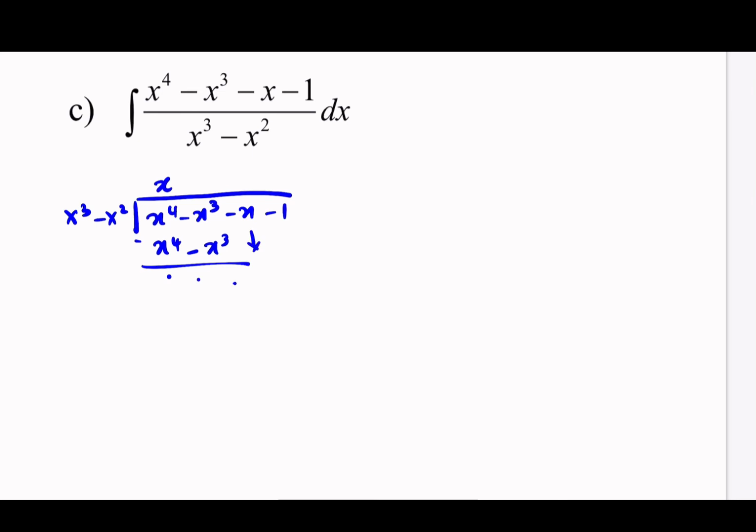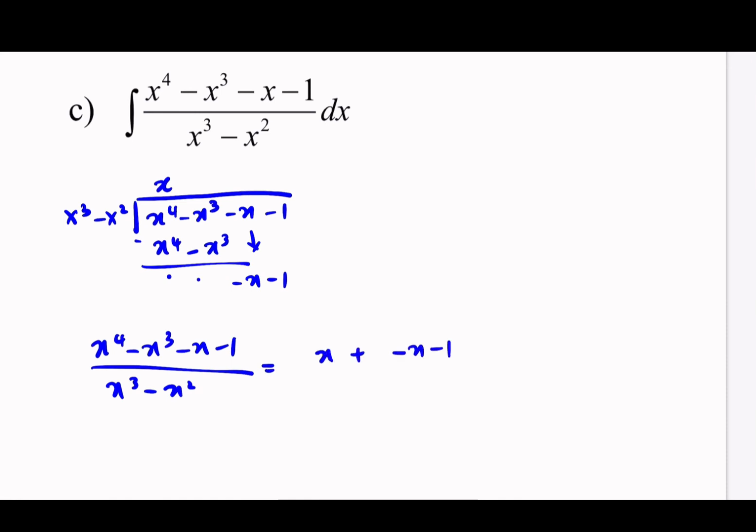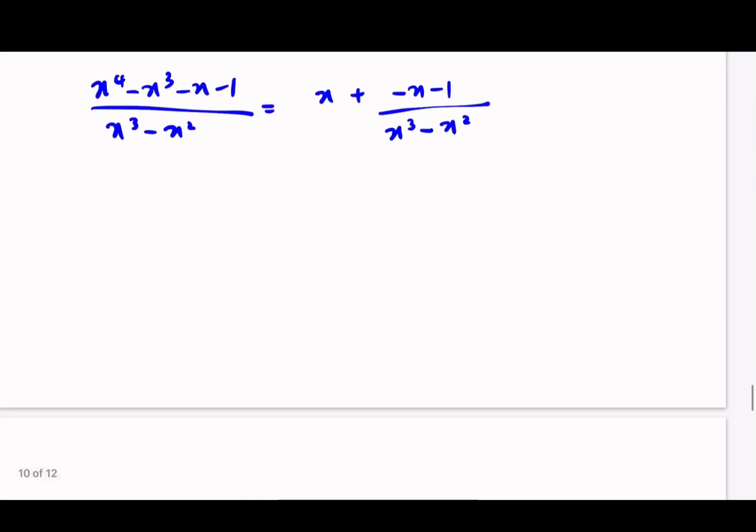So, kita akan left dengan negative x minus 1. Means that x kuasa 4 tolak x kuasa 3 tolak x tolak 1 over x kuasa 3 tolak x squared sebenarnya sama je dengan x tambah negative x tolak 1 over x cube tolak x squared. So, daripada sini saya kena cari ni dahulu menjadi partial fraction.